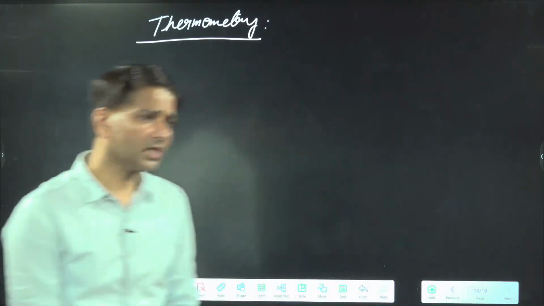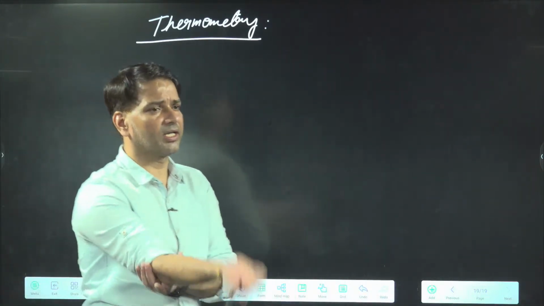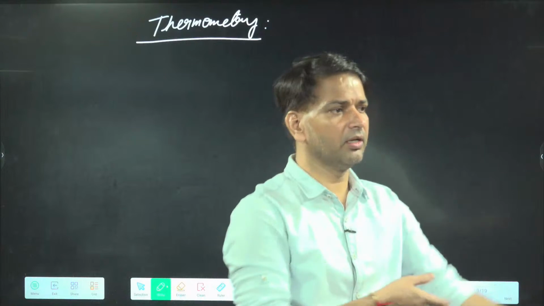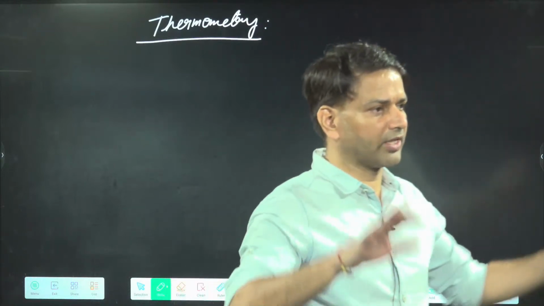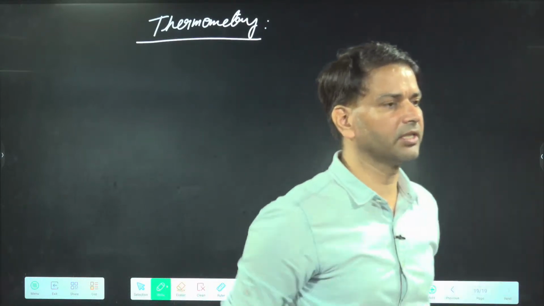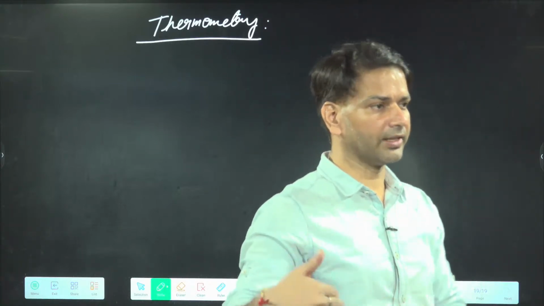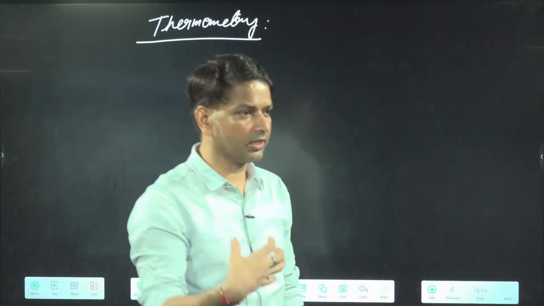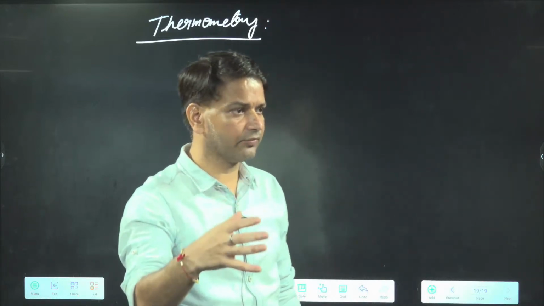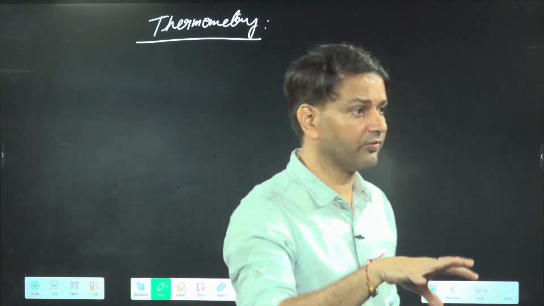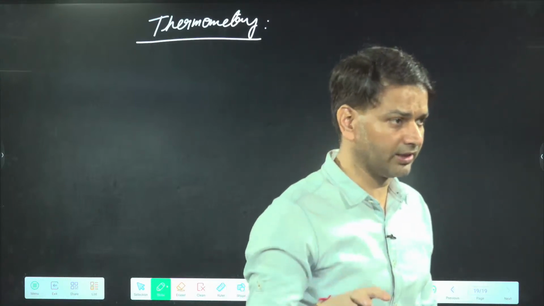So in older thermometers, earlier when we were making a thermometer, we were using two reference temperatures that will be constant at a constant pressure. Like we know that water freezes at 0 degrees C when the atmospheric pressure is 1 atm.